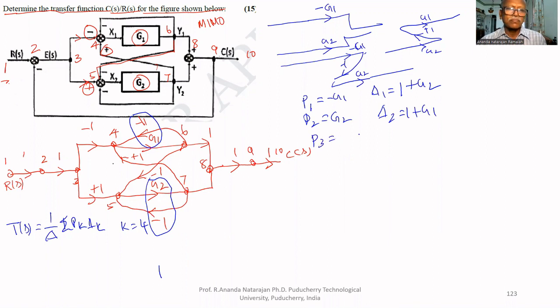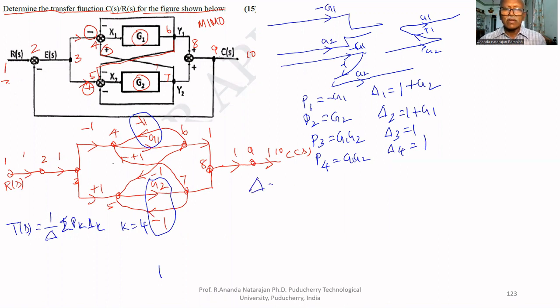P3 equals minus G1, -1, G2. Therefore, G1 G2. Delta 3 equals 1, as there is no loop not touching the forward path. P4 is also G1 G2. Delta 4 equals 1.